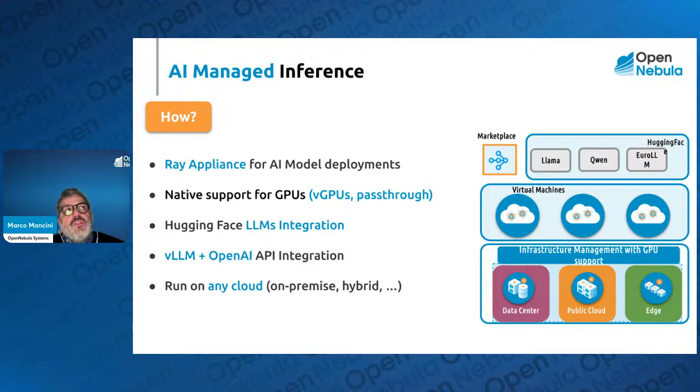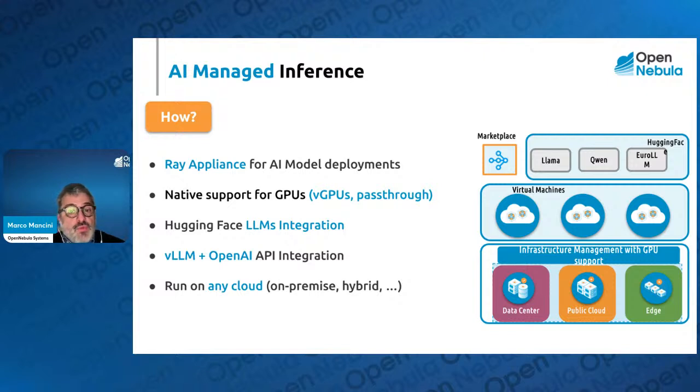This allows you, for example, if you already have applications that use the OpenAI API with OpenAI servers or models, to easily switch to an LLM model that has been deployed by using our appliance, where you select the vLLM plus OpenAI option. So you can switch very easily from applications that use the OpenAI API to applications that use your own deployments.